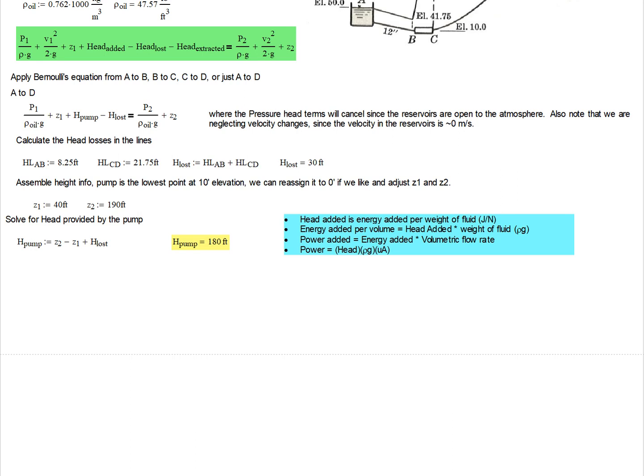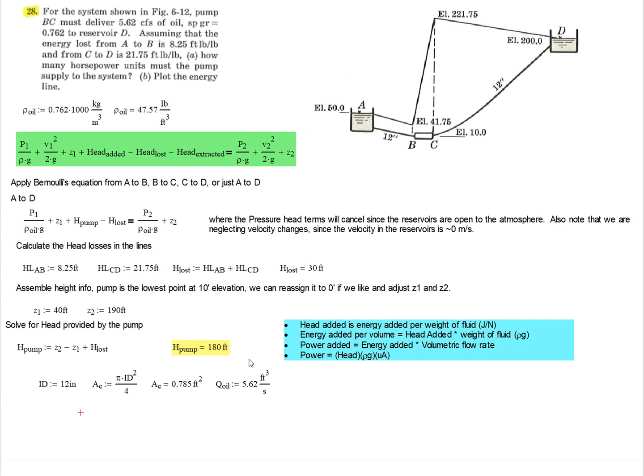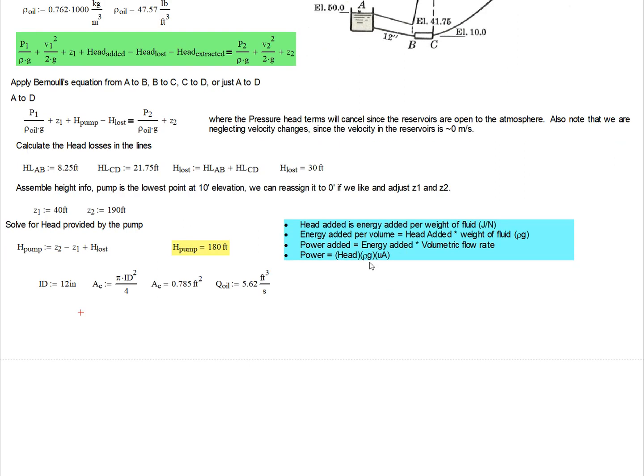First of all, we know what the diameter of the pipe is, right? The diameter of the pipe is 12 inches. We can calculate the cross-sectional area. But we're given, in the problem statement, the volumetric flow rate, right?